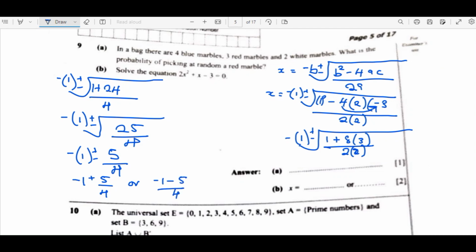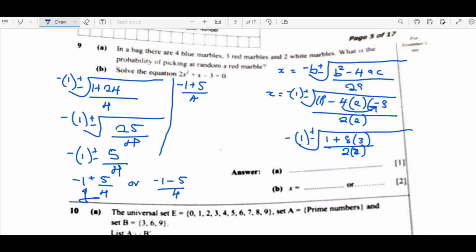We're going to start with this one: minus 1 plus 5 over 4. So we have a negative and a positive there.